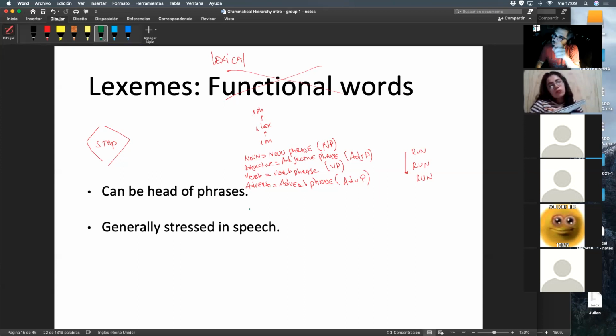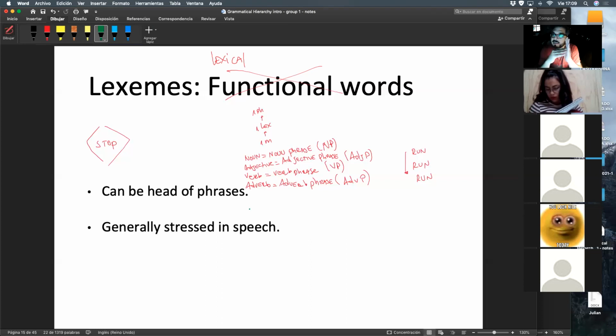Okay, so far we have talked about the grammatical hierarchy with the lowest level morpheme, then the upper level lexeme, but now they're saying, okay, lexical words will create head of phrases. What's that? A phrase is the third element in the grammatical hierarchy, and they are built around a head.